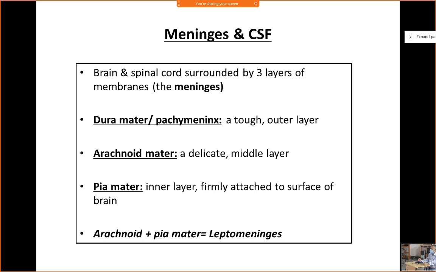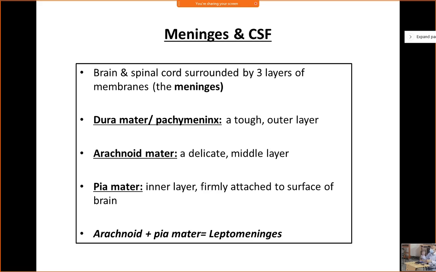So skin intimately covers our whole body. Like that, pia mater also intimately covers the surface of the brain. It just adheres to the brain structures.